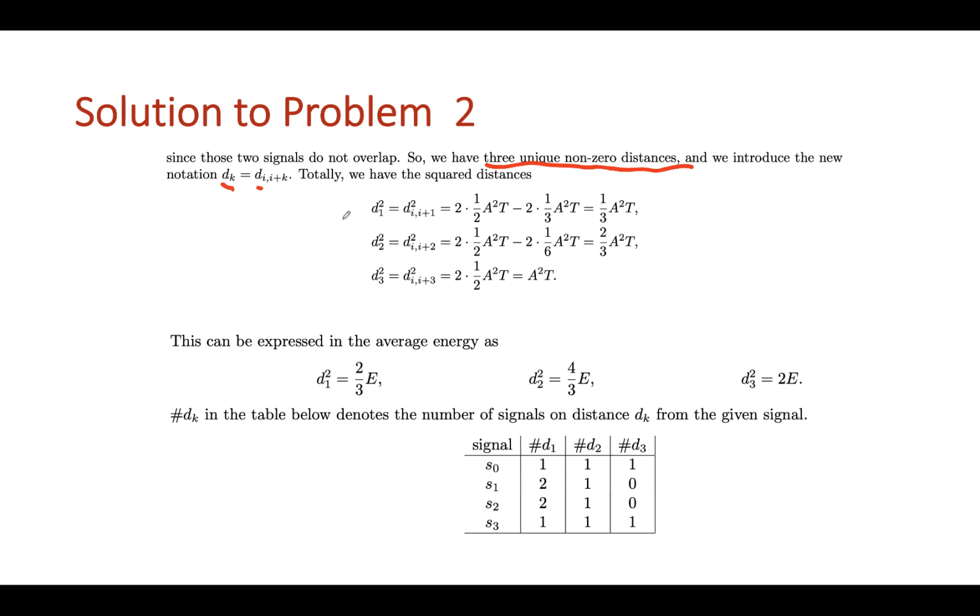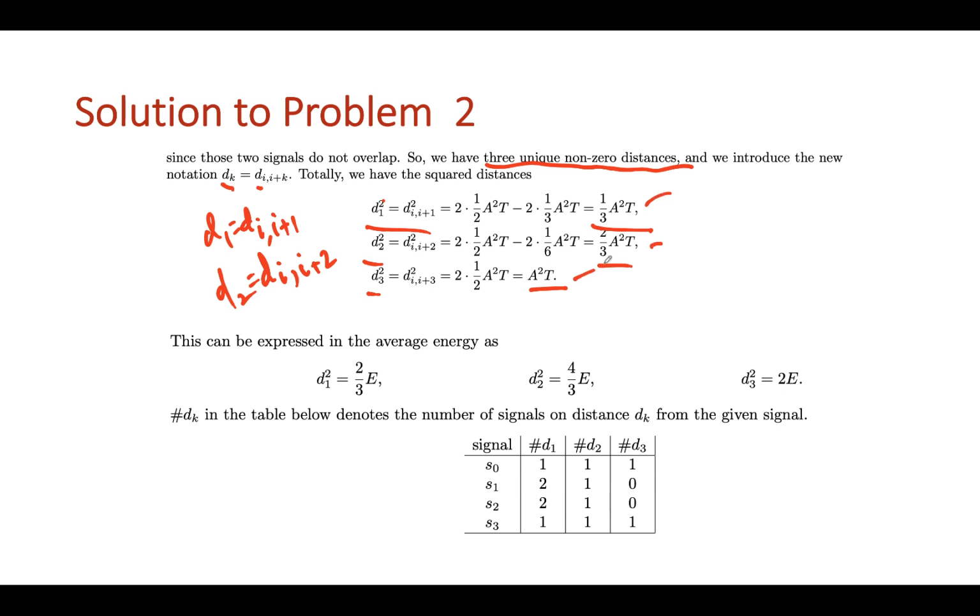So d1 is the distance between any signal Si and S(i+1), d2 is the distance between any signal and S(i+2). In that way you calculate d1 is always this, d2 is always this, and d3 is always this. I mean, the squares of d1, d2 and d3 are always these.